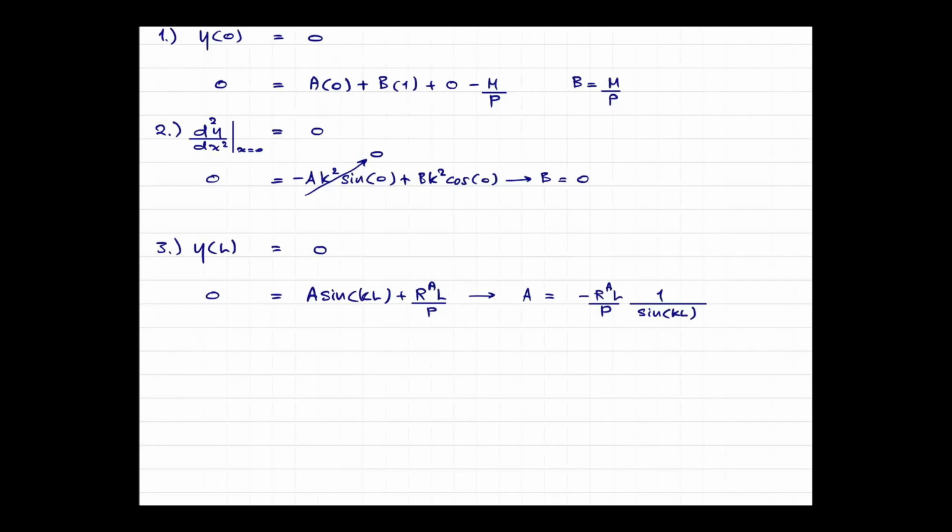The fourth equation we have is dy/dx at x equal to L. So we have a k cosine kL plus RA over P equal to 0.